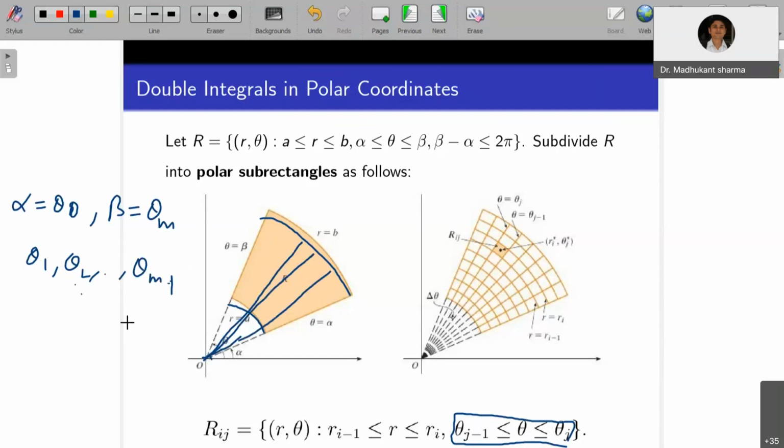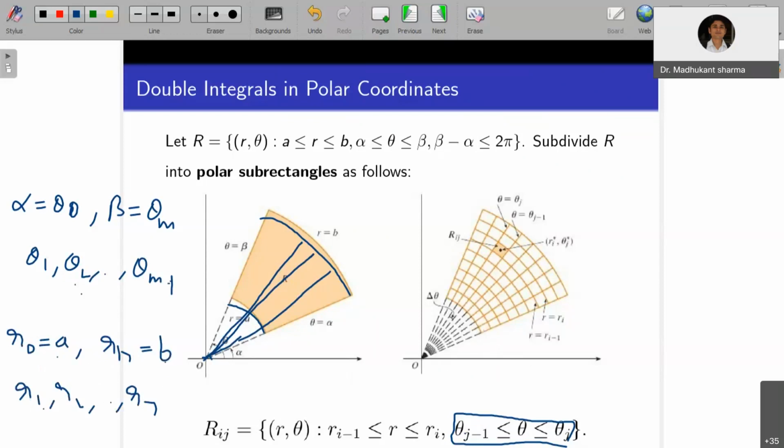Now similarly, when you talk about the partition along the r direction, let's take r naught equals a and r n equals b, and the rest of the points are r1, r2, and so on, which lie over the interval a to b.